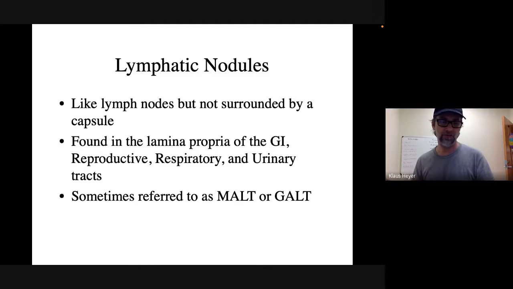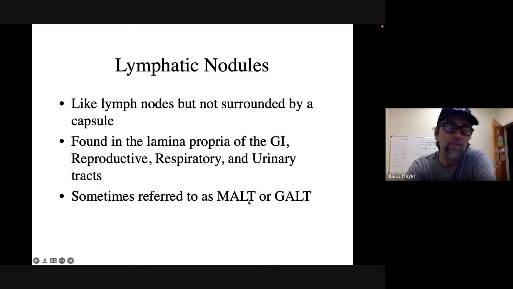It's epithelial tissue. The lining of anything is always going to be epithelial tissue. But what's underneath that? Lamina propria. The lining of your esophagus, epithelial tissue. What's underneath that? Lamina propria. Same thing with your urinary tract. Lamina propria, so that has lymphatic nodules in it.